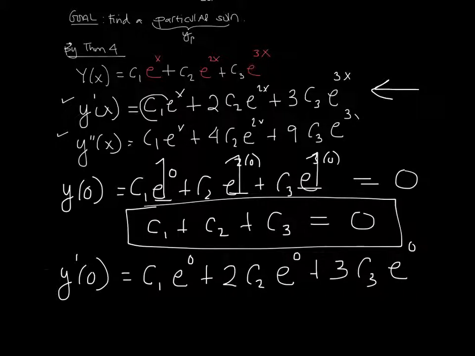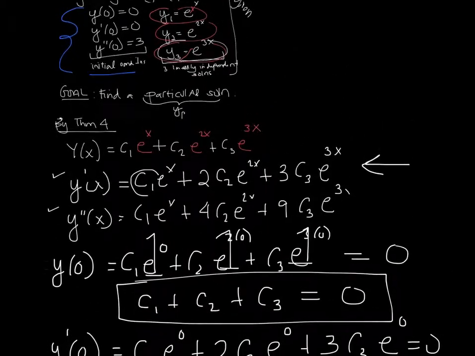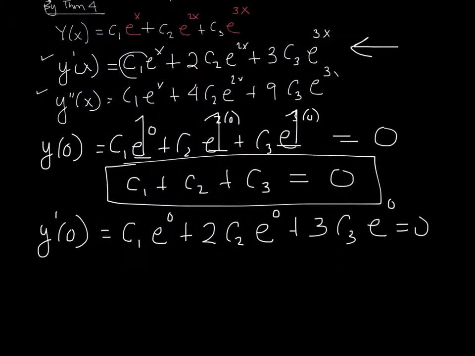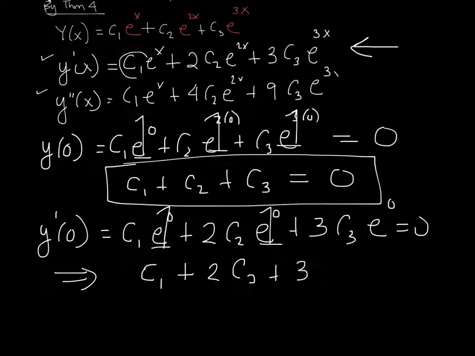But we were given that y prime of 0 is 0, yep. And so these guys are 1s, so this implies c1 plus 2c2 times 1 plus 3c3 equals 0.